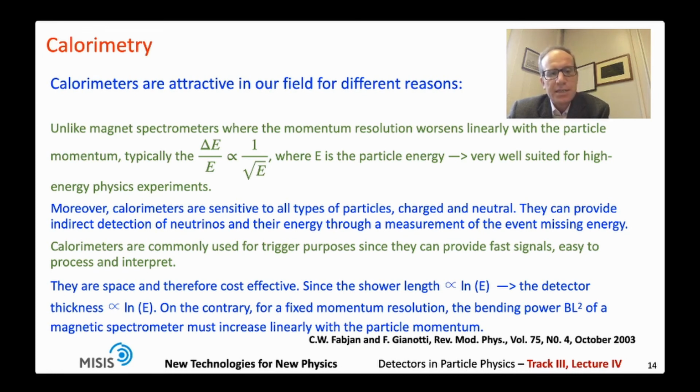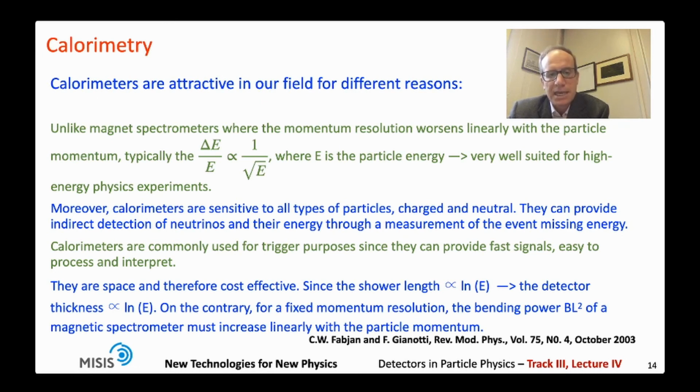And they are actually space and cost effective, and the reason is that the shower length is proportional to the logarithm of your energy. So it means that the thickness of your detector can increase only logarithmically with the energy.